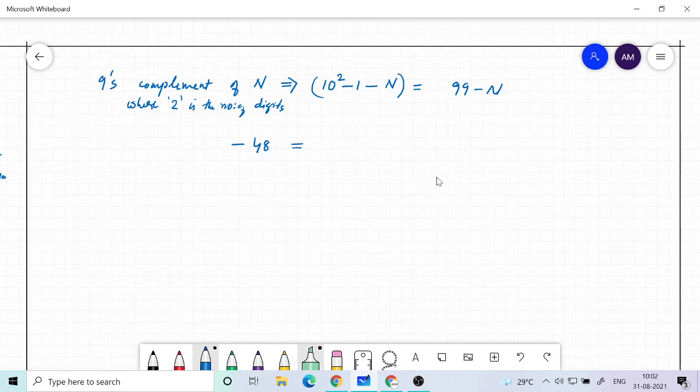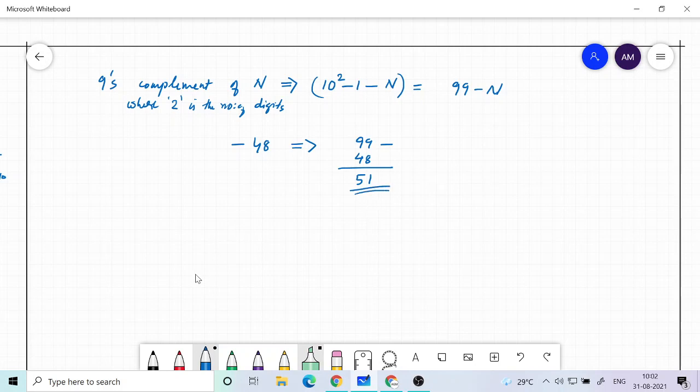In sign magnitude form, what we call minus 48, in 9's complement form, what we need to do is basically 99 minus 48. So 9 minus 8, that is 1, and then 9 minus 4, that is 5. So 51 is what we get. So minus 48 is represented in 9's complement form as 51.